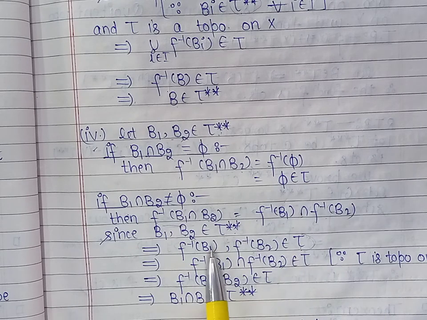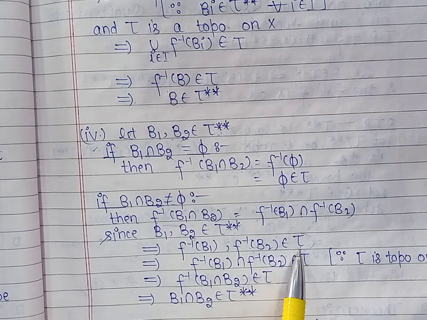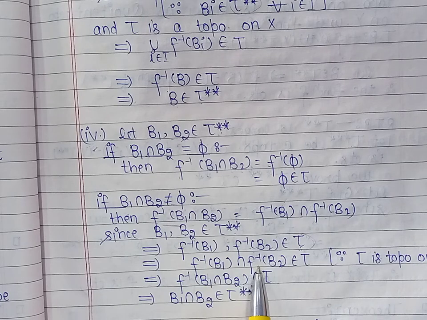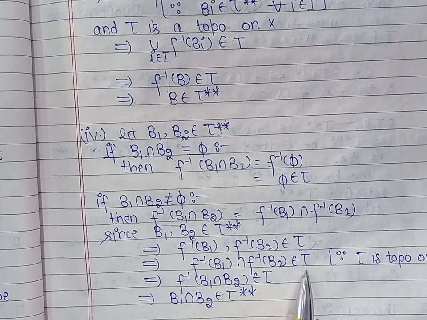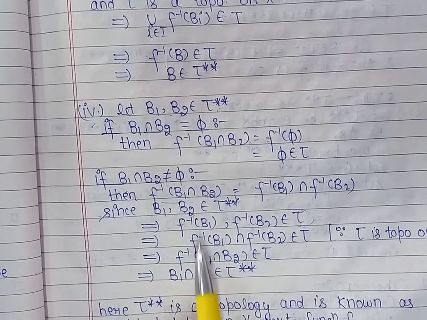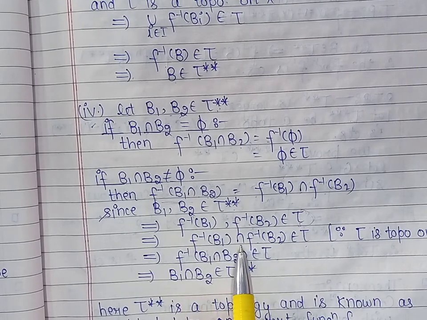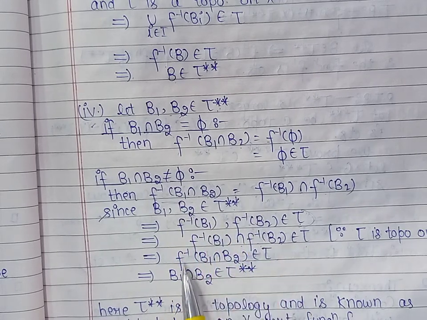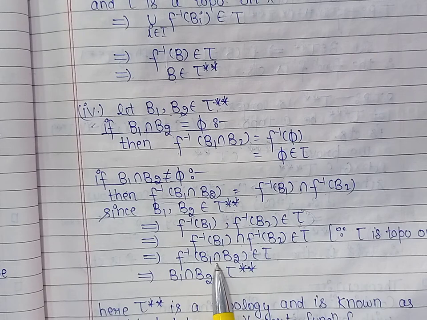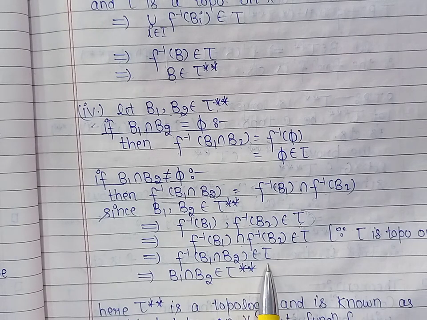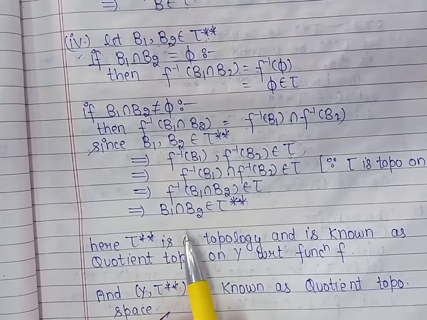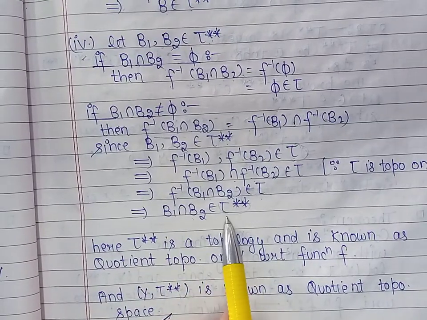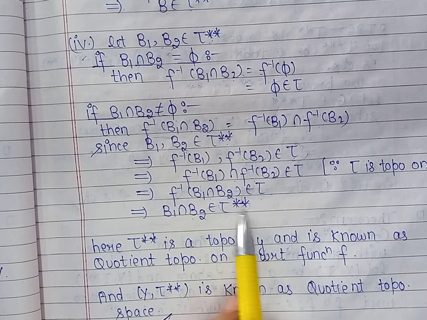So if we take two members from topology tau, the intersection will also be in the same topology, and therefore f inverse B1 intersection f inverse B2 belongs to topology tau. From here we can say that f inverse of B1 intersection B2 belongs to tau, and by definition of tau double star, B1 intersection B2 belongs to the collection tau double star.